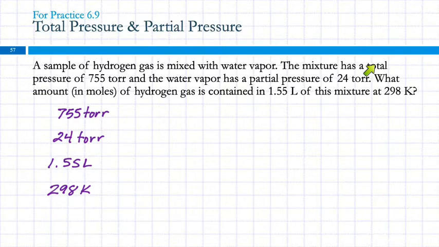The mixture has a total pressure of 755, so I'm going to call this P total. The water vapor has a partial pressure of 24, so 24 is the partial pressure of water. And then I've got volume and temperature.